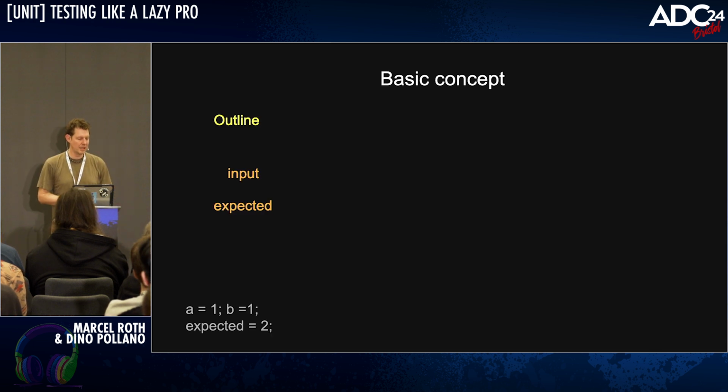Starting at the top, in your test, you outline what you're testing. You have certain inputs. And then from those inputs, you have certain expectations about the output of your function. At the bottom, you see an example going again by this very simple adding numbers example. You may have A1, B1, and then obviously with adding, you expect that to be 2.